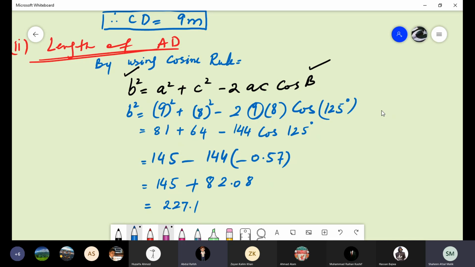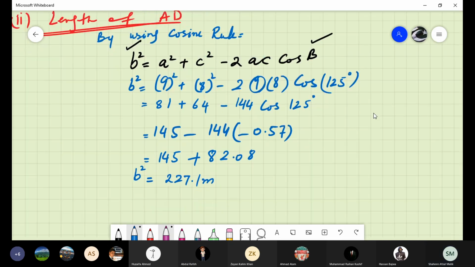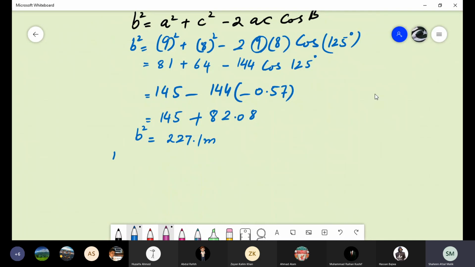And what is the unit of the side? Meter. So this is b square. We have to find b by taking the square root. Take the square root of 227.1 and tell me the answer.